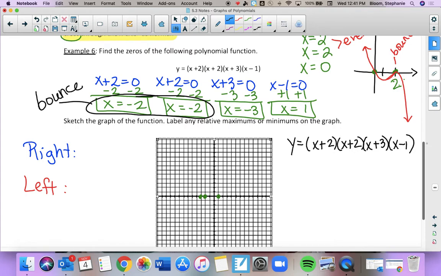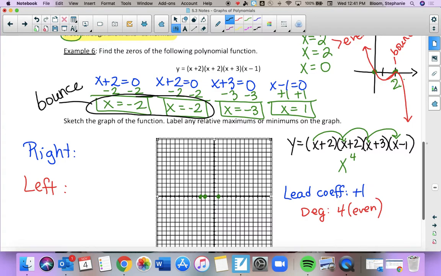The first term. So you take all of your x's and multiply them together. What's x times x times x times x? X to the 4th. So what's the leading coefficient? +1. What's the degree? 4, which is even.